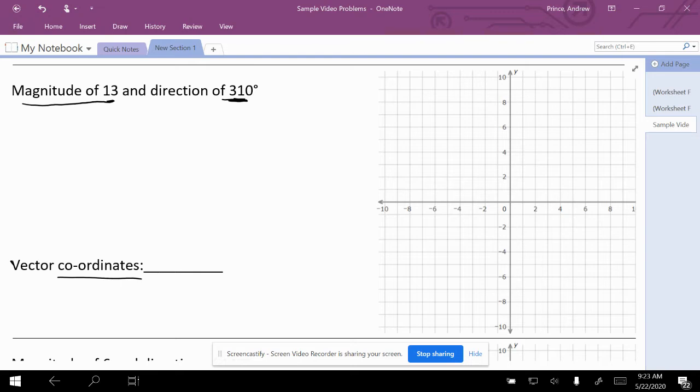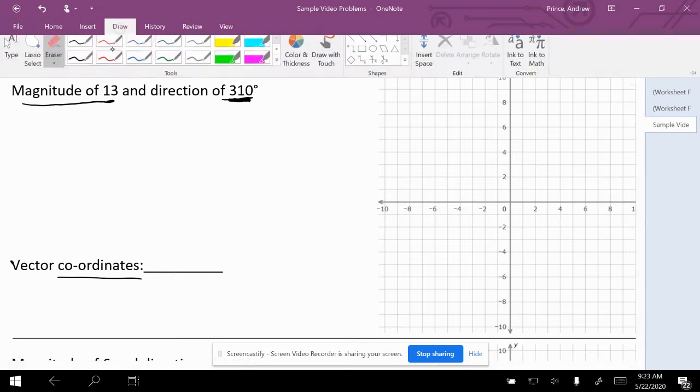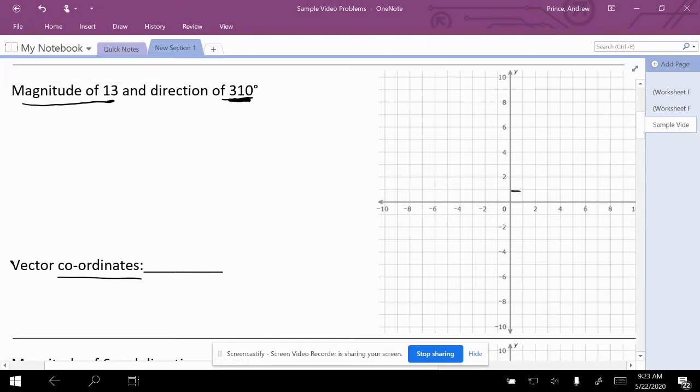So we have the magnitude here. We know it's going to be 13, and we know the direction is 310 degrees. Knowing that the full circle is 360 degrees, with that 310 I know I'm probably going to be somewhere down in this range. And we know that each of these quadrants is 90 degrees. You can even draw our little 90-degree symbol from trig in there to remind you.